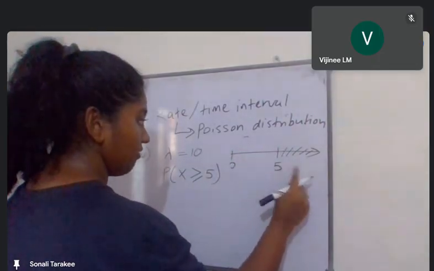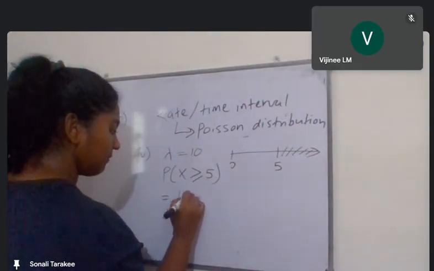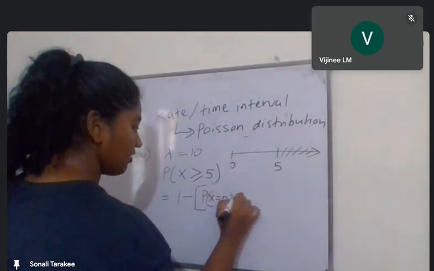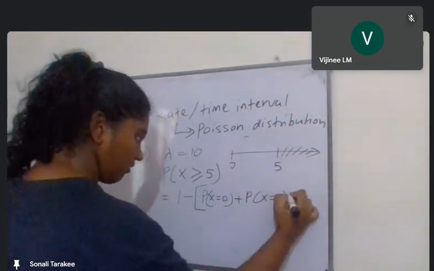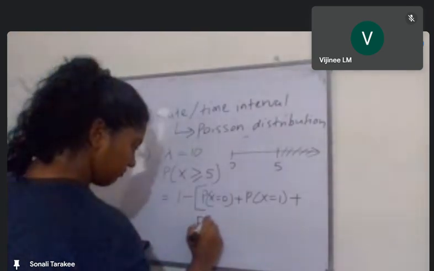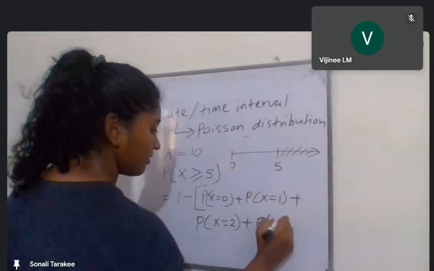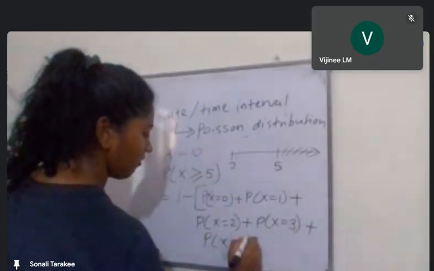Rather than finding the entire thing like this, we can write the same thing as 1 minus P(x = 0), P(x = 1), P(x = 2), P(x = 3), P(x = 4).